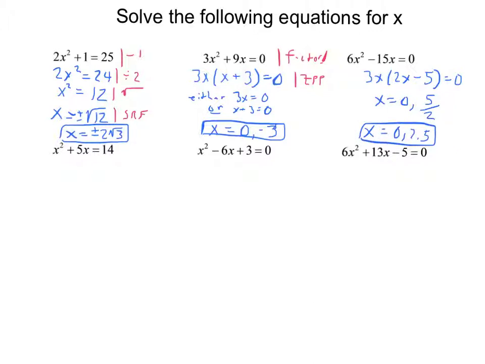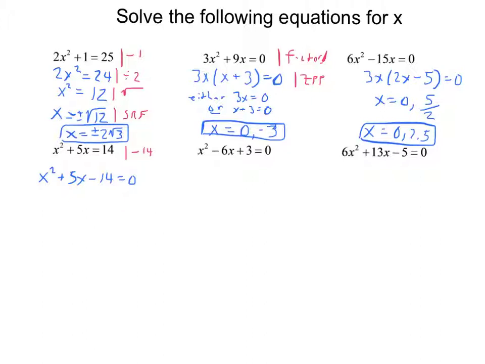Okay. Over here, it's not in the form that I need it in yet. I really want it to be in the form where it equals 0, so I'm going to subtract 14. Please, please, please remember to put in your equal zeros when you do these. Okay, you've got an a value of 1, a b value of 5, a c value of negative 14.